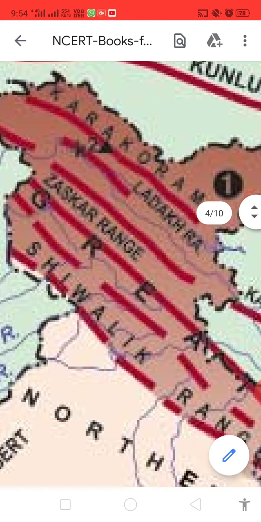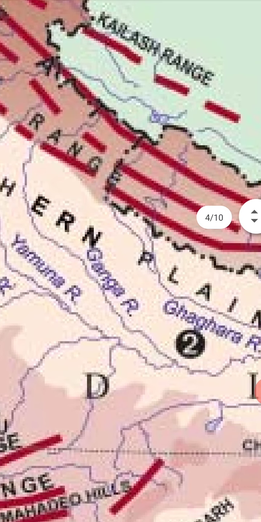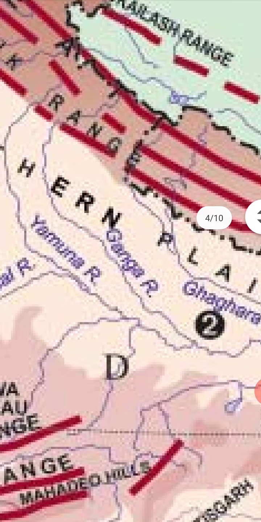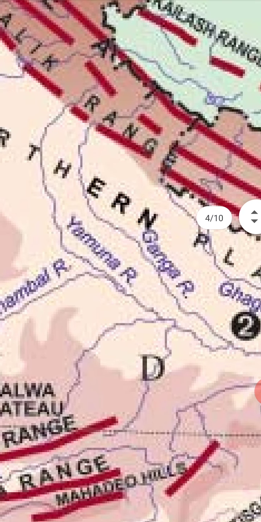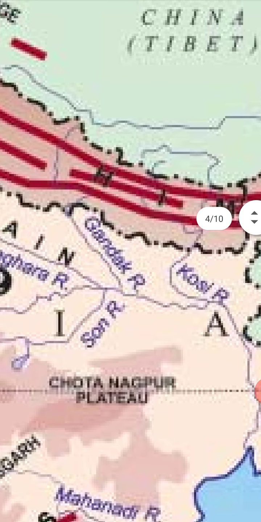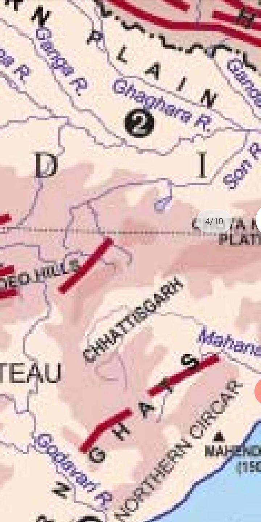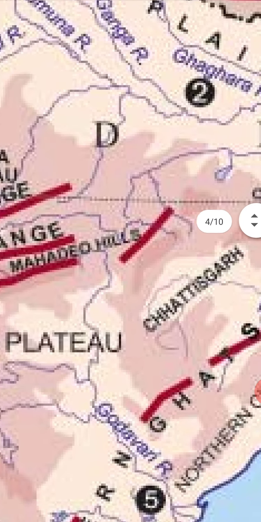Besides this, let's come to the major rivers. Ganga is there, Yamuna is the main tributary of river Ganga, then Ghaggar, this is river Gandak, this is river Kosi, and from the plateau region it is river Son.